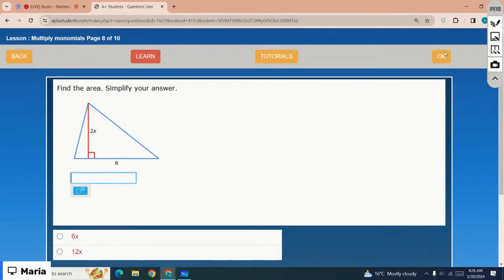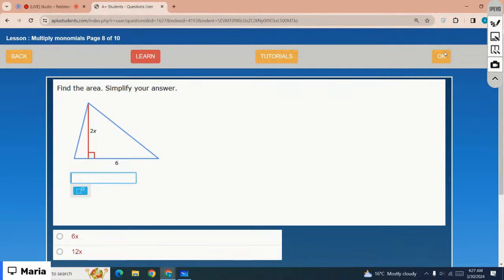We have only two questions left. Find the area, which is the correct option. The correct option is, you have to use the formula that is half times base times height.